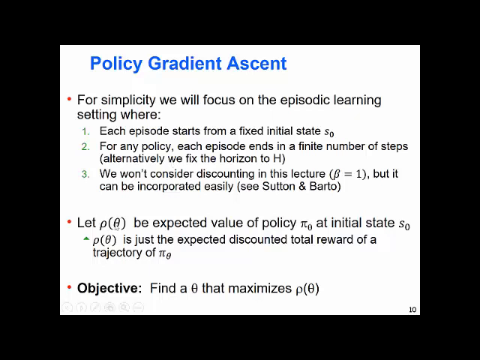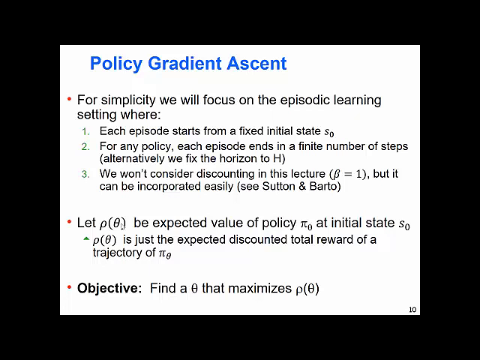And we'll let this rho theta function represent the expected value of the policy, pi theta. So theta is a critical thing. When we fix theta, we fix the policy. Rho theta is the expected value of the policy from that initial state. So if you run the policy a million times from that initial state, and you average the total reward it got, that's basically what rho theta is.